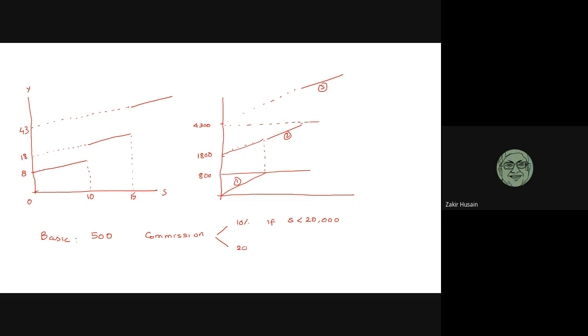But the commission is 20% on all sales if sales is greater than 20,000. So in this case, think about what the function will be like.